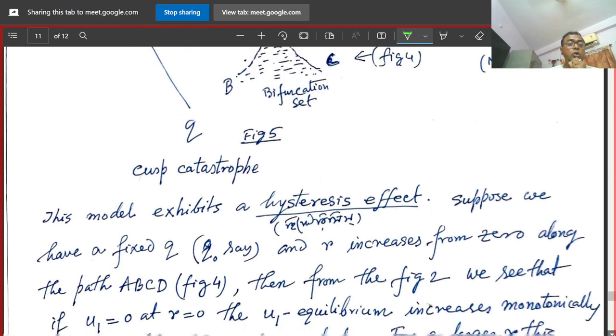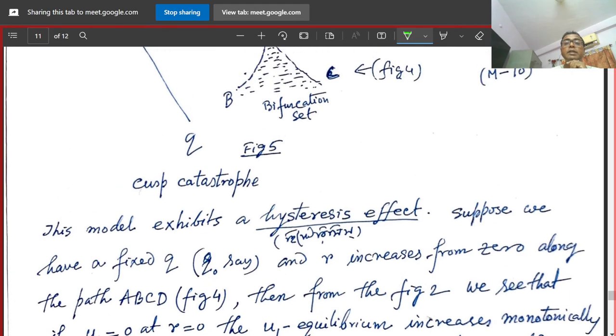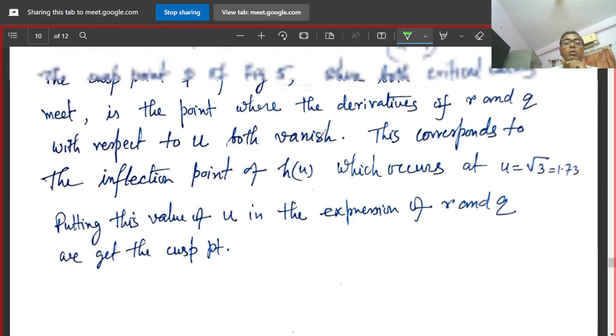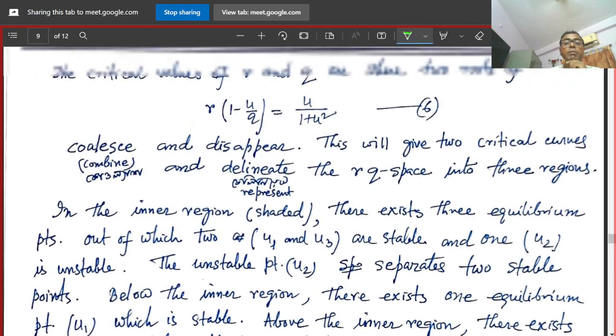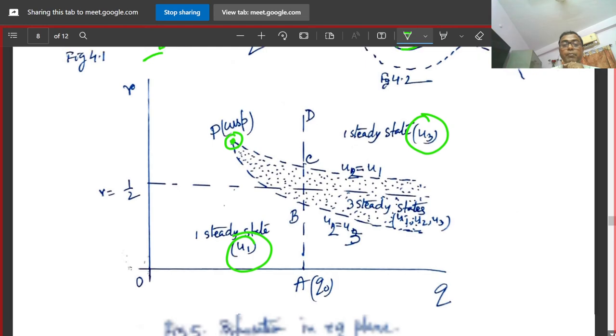Suppose we have a fixed Q equal to Q0, and R increases from 0 along the path ABCD in figure 5.